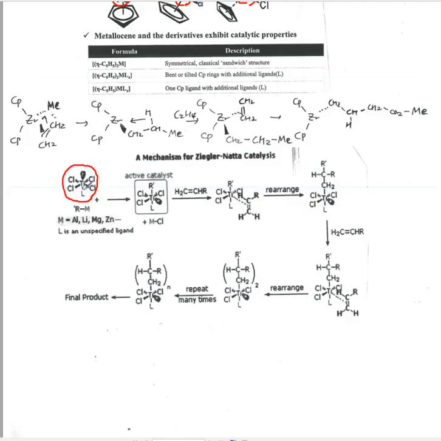Okay, there is titanium at the center, and titanium has 6 coordination sites. Okay, and 4 of them are chlorine, and there is another ligand L here, and one of the coordination sites is empty.